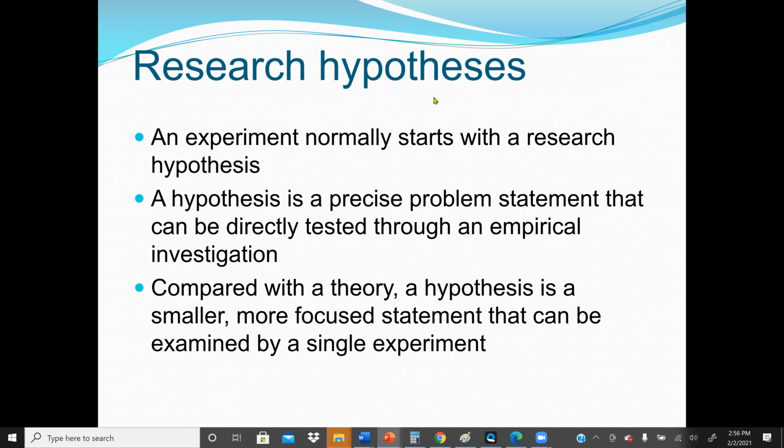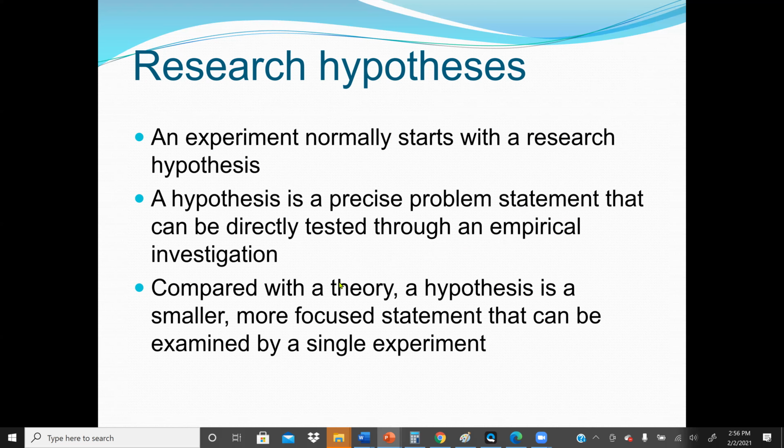We spoke about research hypothesis, same concept here. So an experiment normally we start with the research hypothesis. Actually, we start with the research goal. From the goal, we can come up with research questions. From research questions, we can formulate the research hypothesis. So hypothesis is a precise problem statement that can be directly tested through an empirical investigation.